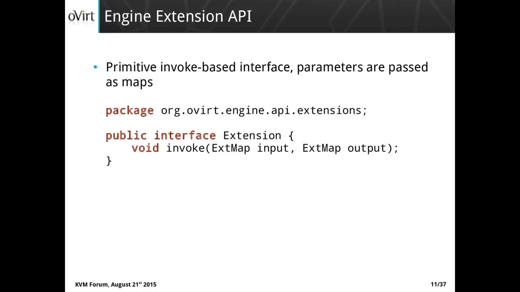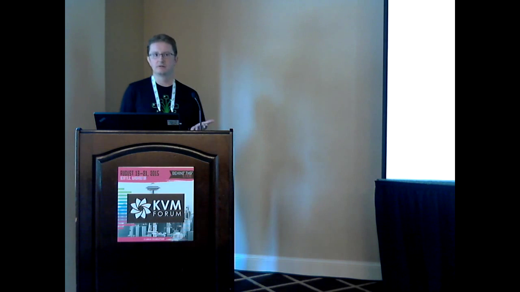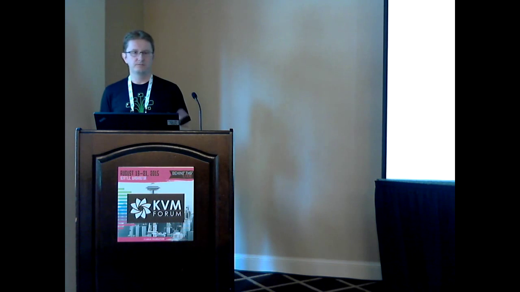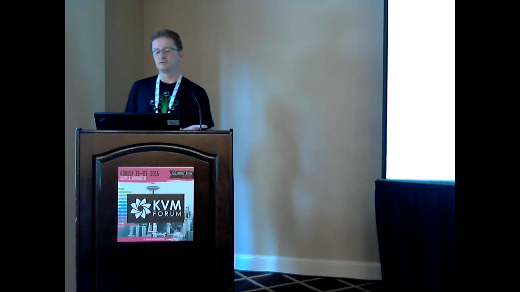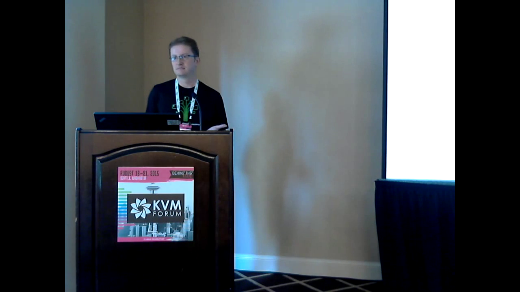When we decided what the extension API should look like, we decided it should be as simple as possible. So the whole extension has just an invoke method with a map of input parameters and a map of output parameters, and that's it.